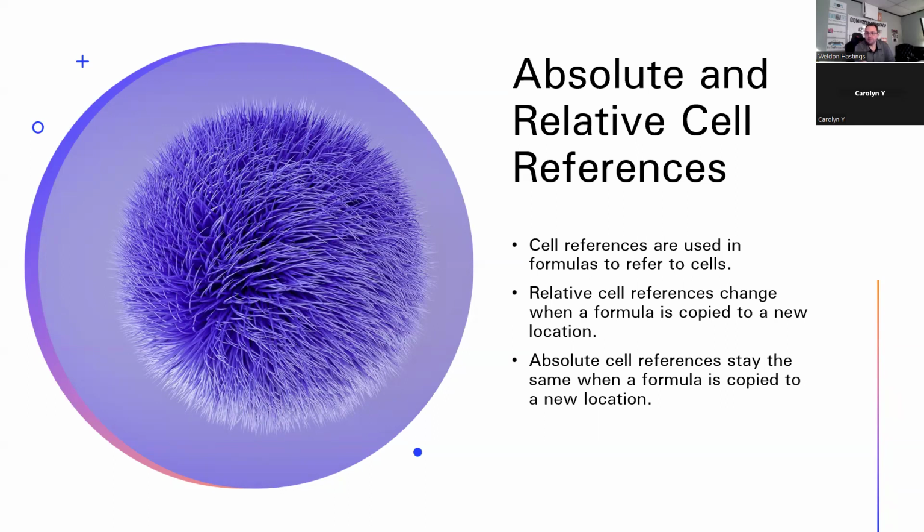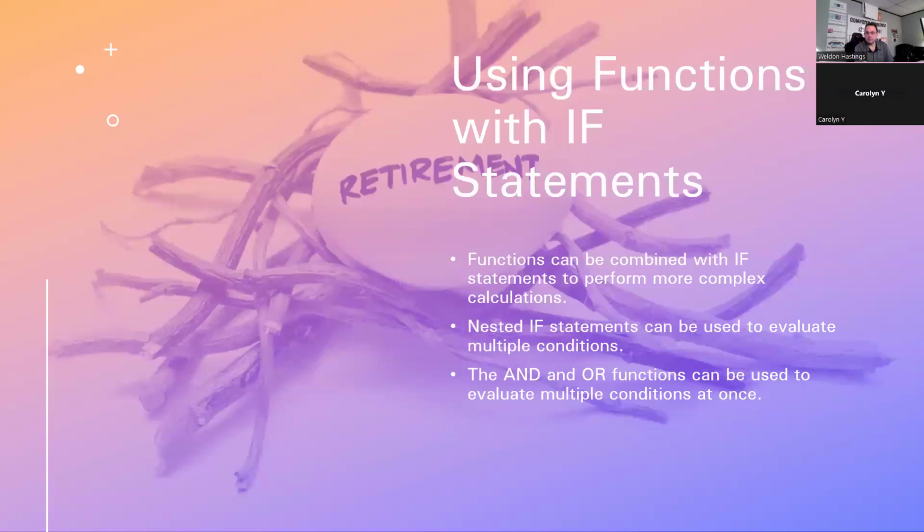Understanding the difference between absolute and relative cell reference is important when creating complex formulas in Microsoft Excel. Using functions with if statements can help you create more complex calculations and automate repetitive tasks.